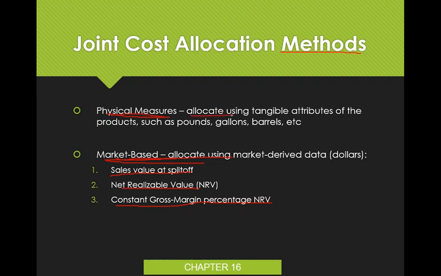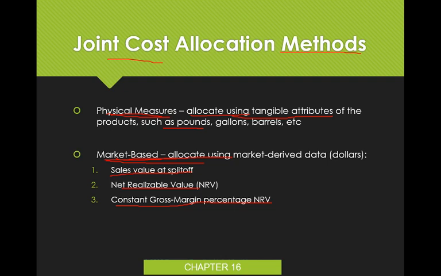Physical measures allocate joint costs using tangible attributes of the product such as pounds, gallons, barrels, etc. We don't use the dollar amount here.